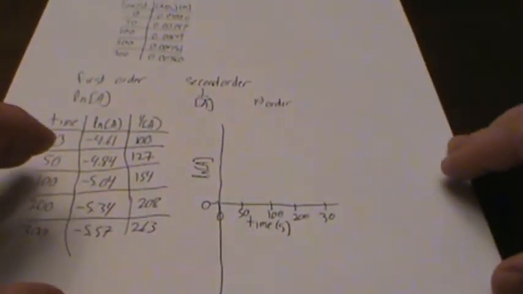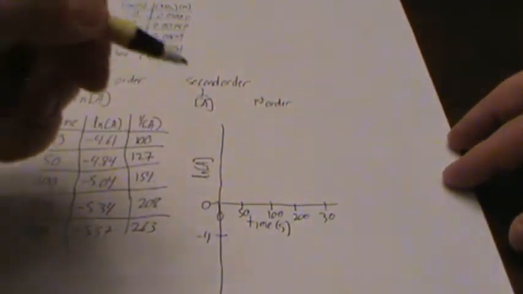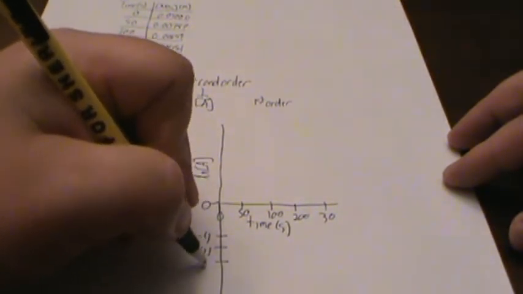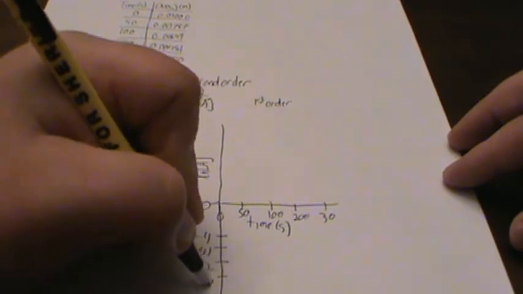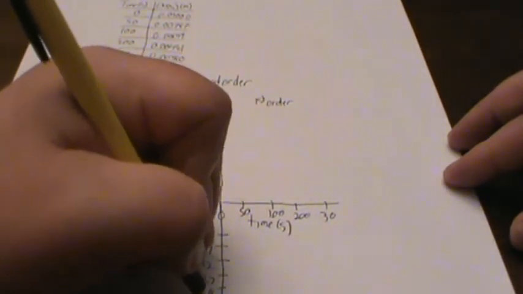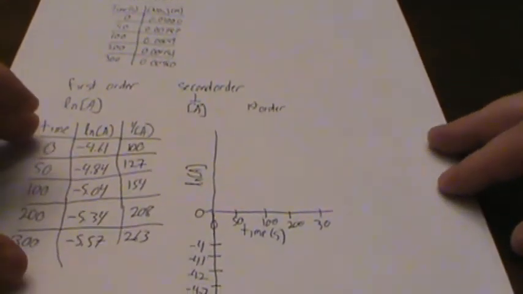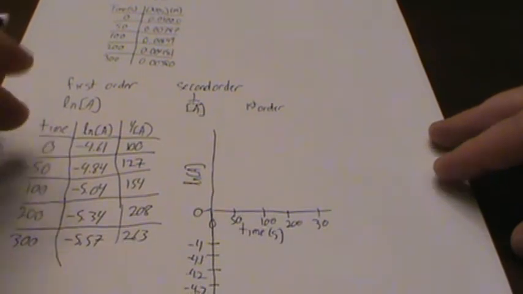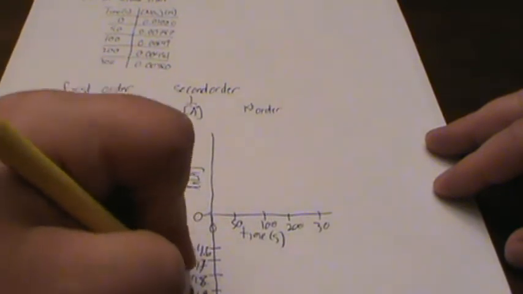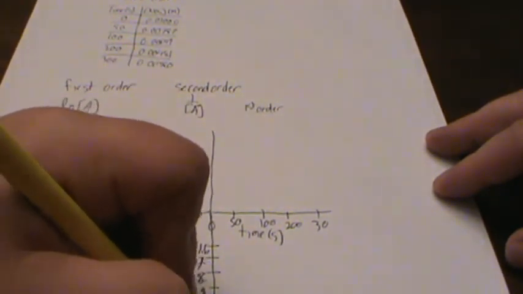That's my fault. So let's start at negative 4, negative 4.1, negative 4.2, negative 4.3, negative 4.4, negative 4.5, and so on, down to negative 5.3.